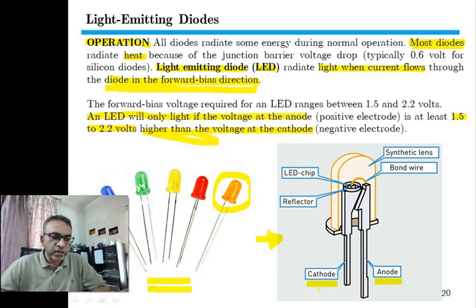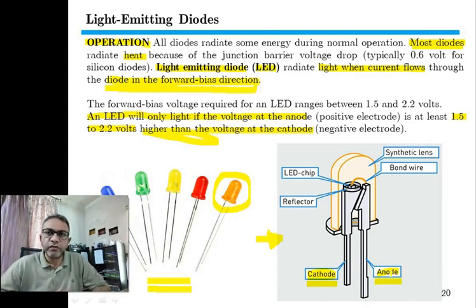The cathode terminal will always be shorter. The cathode terminal is the place where we give lesser voltage, and the anode terminal will always be slightly longer so that we can identify.